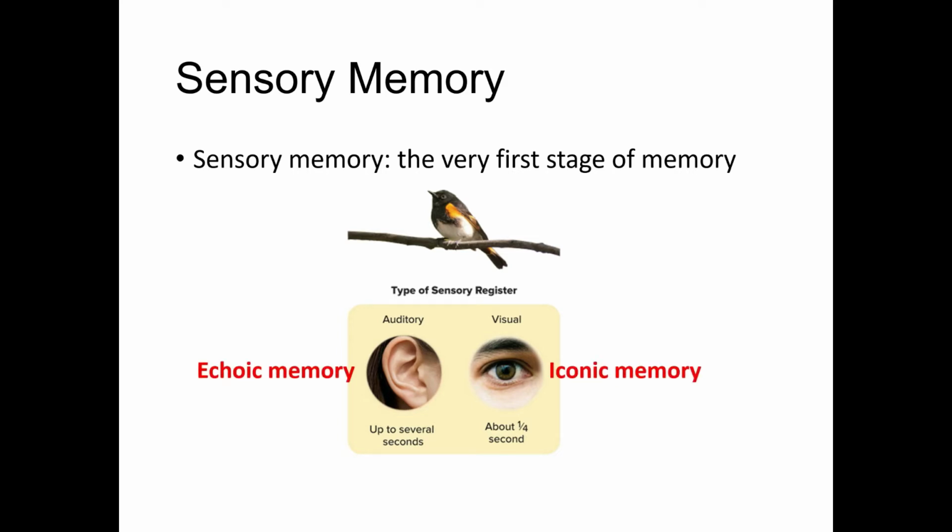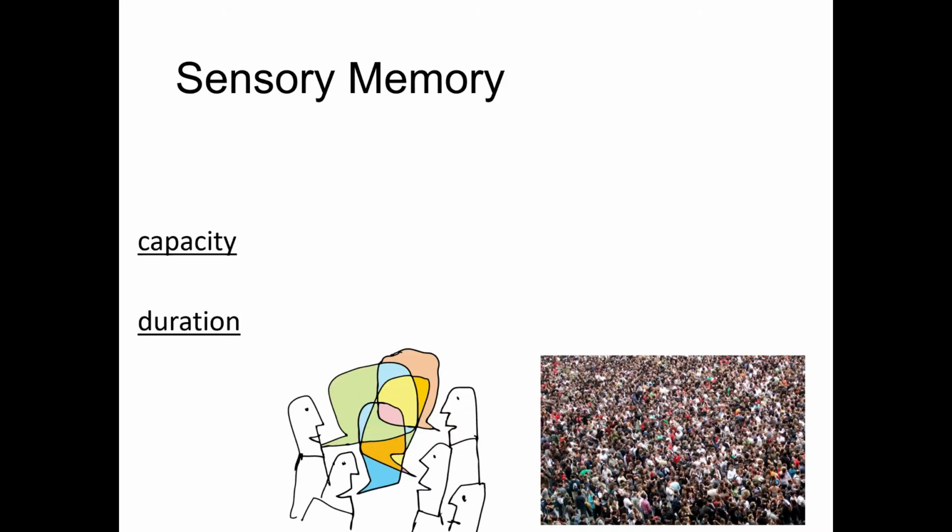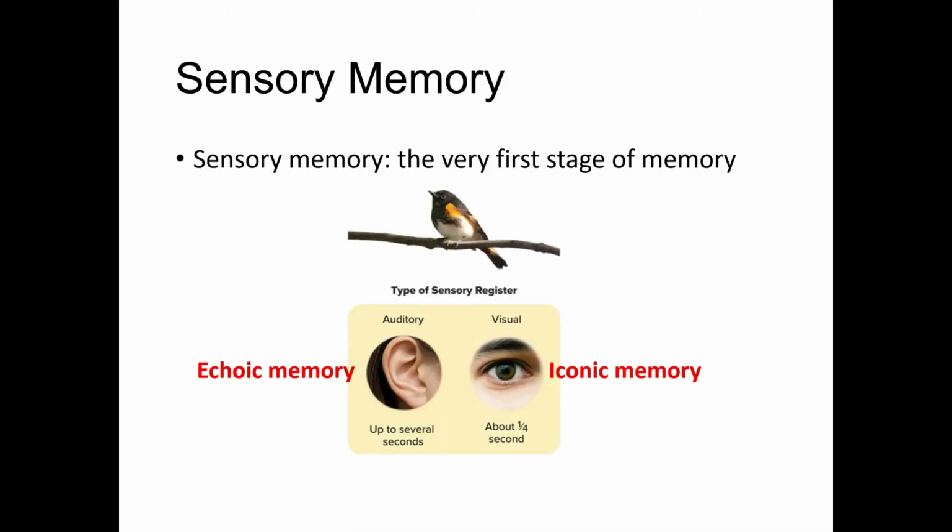Any input we receive from our ears is called echoic memory, and information we obtain from our eyes is called iconic memory. And because these are categorized under sensory memory, both echoic and iconic memory disappear quite quickly. But there are some differences between the two in terms of capacity and duration.